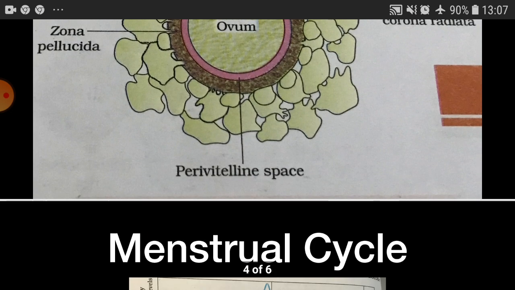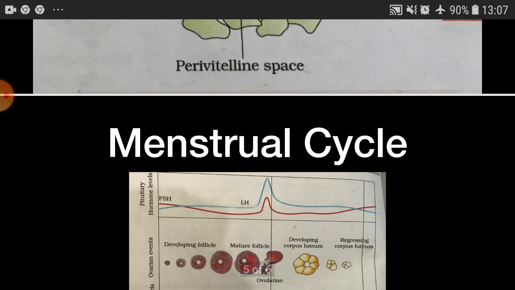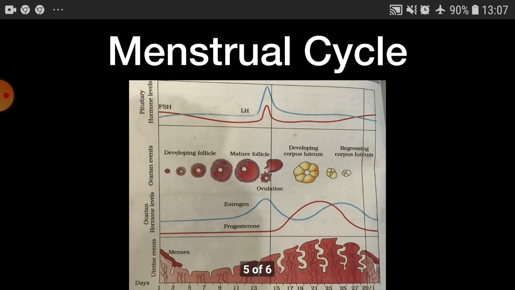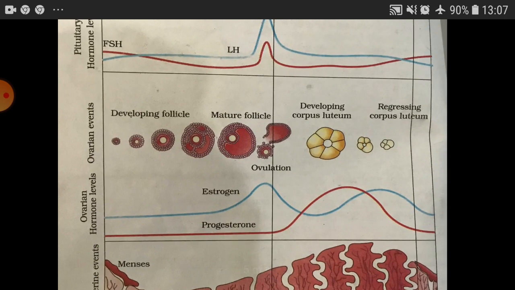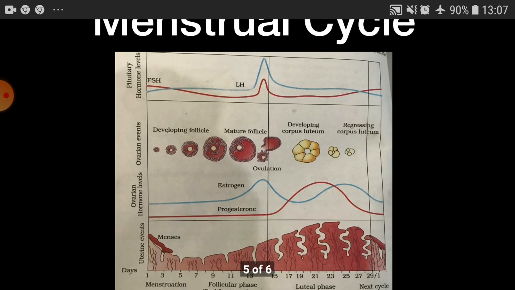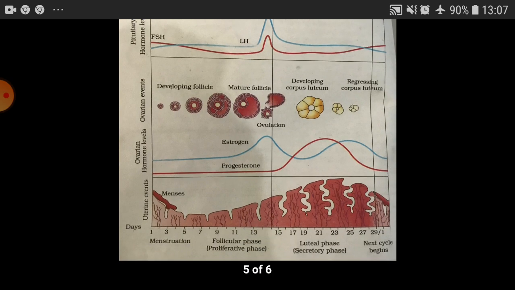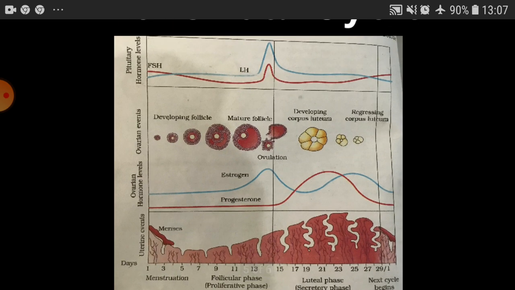Now the next subtopic which we will take up is the menstrual cycle. Here you can see the schematic representation of the menstrual cycle, which shows the different phases, the days involved, and the level of hormones.